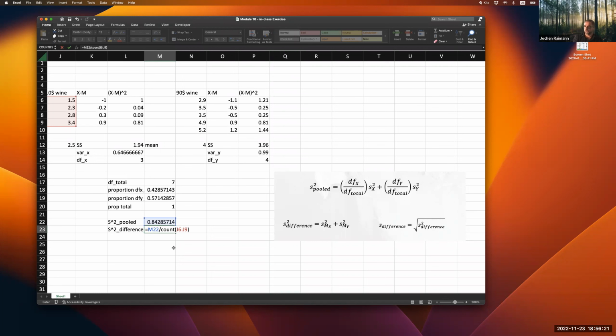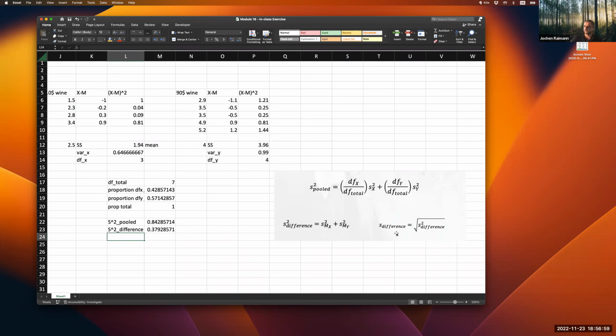So M22 is our pooled variance divided by the sample size plus the M22, which is our pooled variance divided by count. So this basically gives us a squared standard error of the mean difference that essentially now allows us to calculate the standard deviation of the difference.